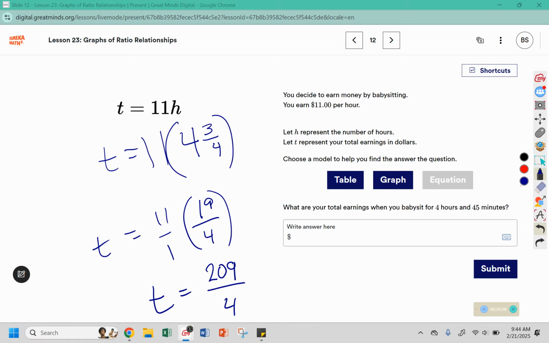But we want to know how much money that is. So let's divide. 4 fits into 20 5 times, leaving us with 0, so bring down the 9. 4 fits into 9 twice, which is 8.